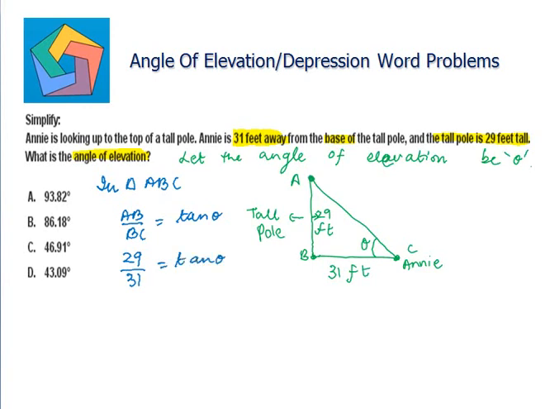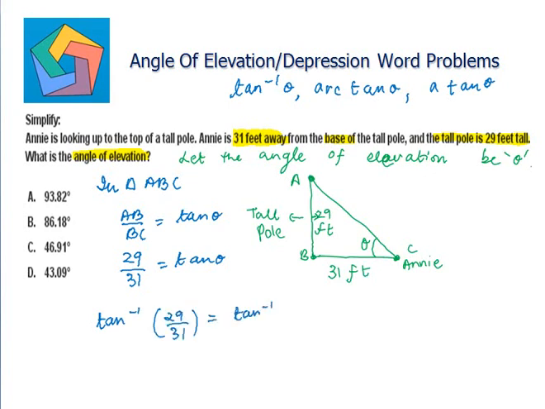Now we can take the function tan inverse here in order to solve for theta. I can write tan inverse by this notation, or this notation, or atan. So tan inverse of 29 by 31 is equal to tan inverse of tan theta.